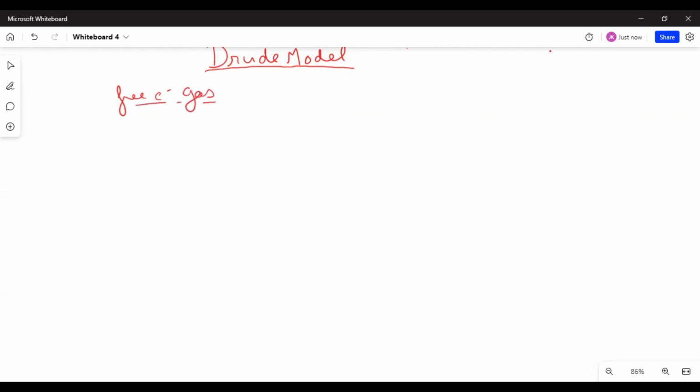Free electron. It is assumed that there is a metal which has ionic cores in it, and there are electrons which are free to move like a gas in the material. So let's draw a picture.